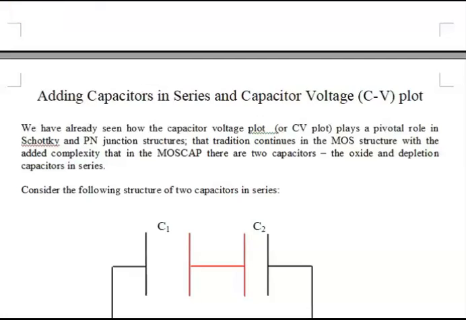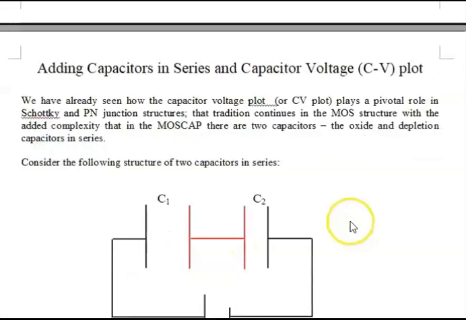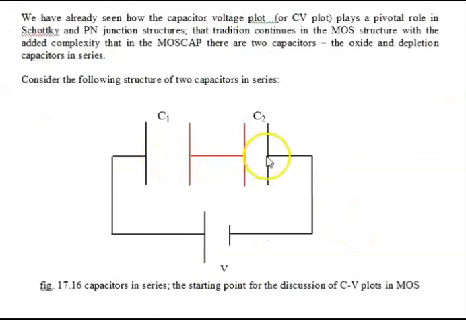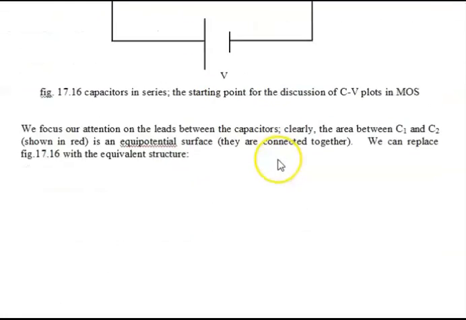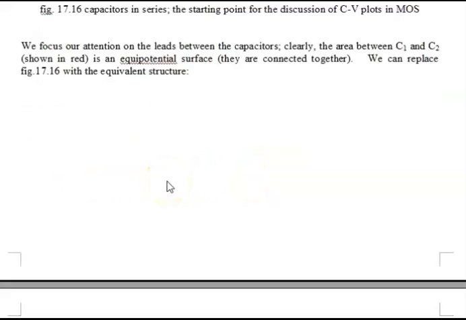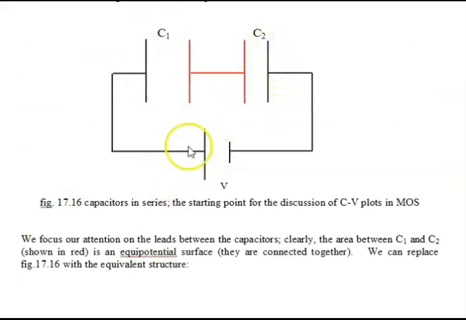Okay, we mentioned previously that adding capacitors in series is important for the MOSFET simply because we do have two capacitors in series, the oxide capacitance and the depletion capacitance. So we want to know how to add them. We've indicated here on this drawing two capacitors.